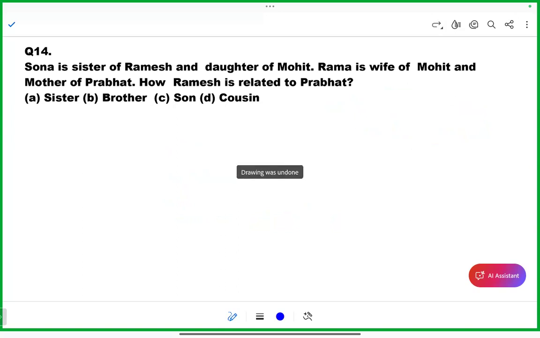Let's now solve this. Suna is the sister of Ramesh and daughter of Mohit.